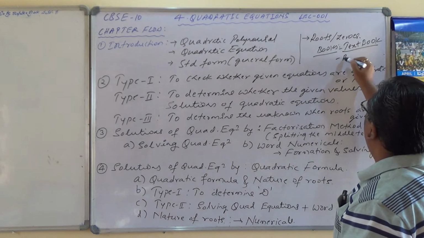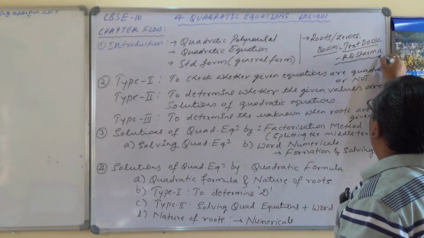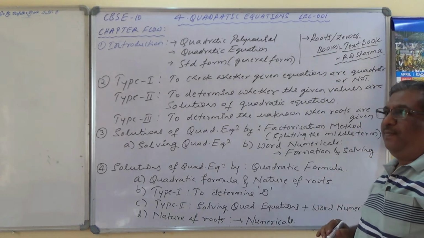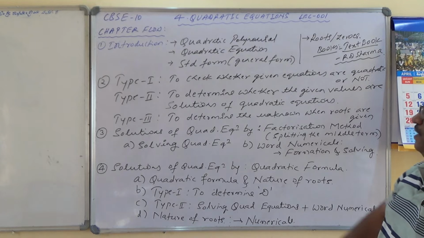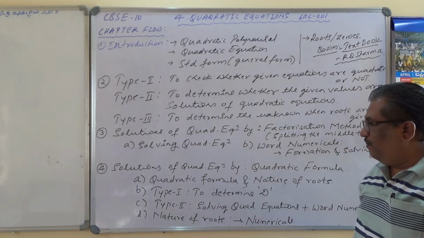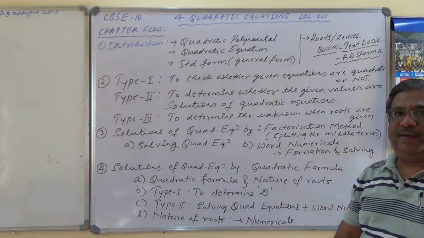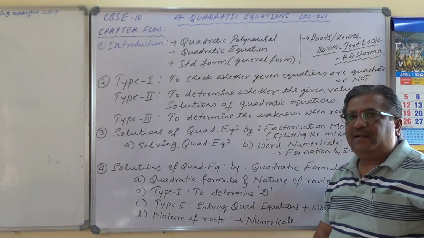And second, R.D. Sharma. It covers all previous year questions and very critical questions in terms of type 1, type 2 and type 3. Here also type 1 and type 2, and also the last numericals based on nature of roots. R.D. Sharma covers all previous year questions and quite atypical numericals.